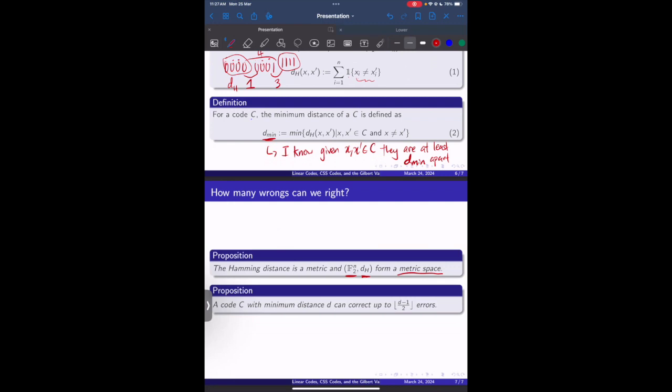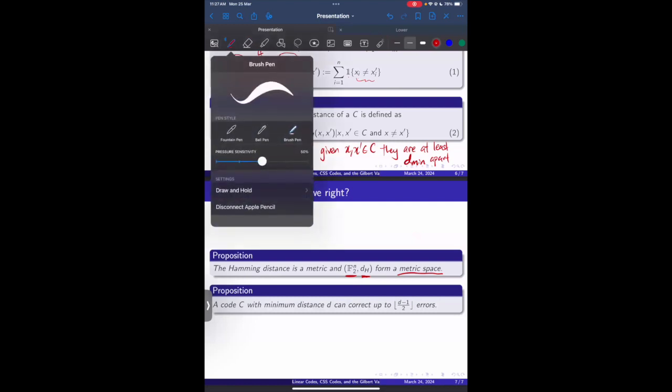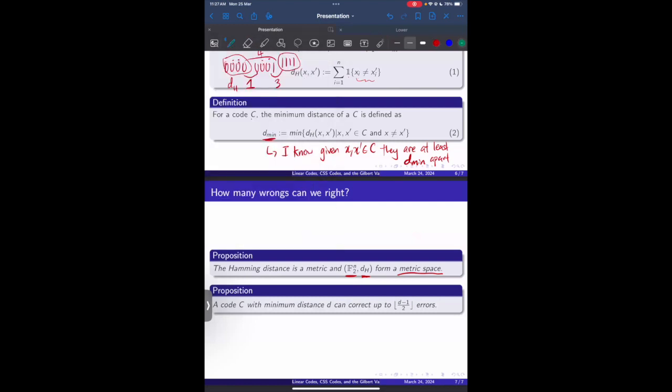It means that we can consider all the words as points on some space, and we can have an idea of distance between them, and it follows the triangle inequality, and the distance between itself and itself is zero and stuff like that. And it also conveniently allows us to have this proposition: a code C with minimum distance d can correct up to (d minus 1) over 2 errors.